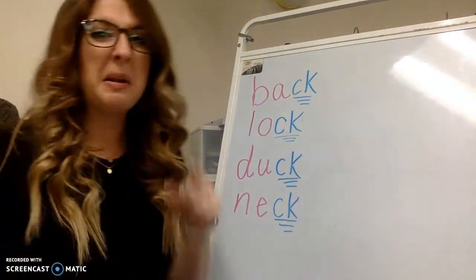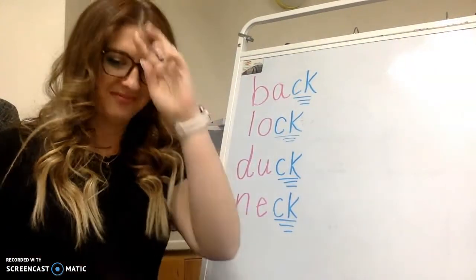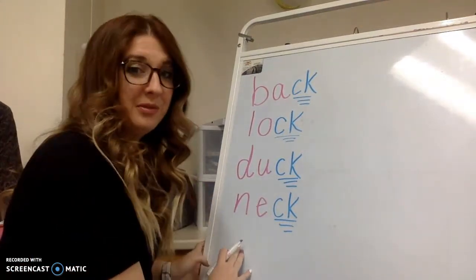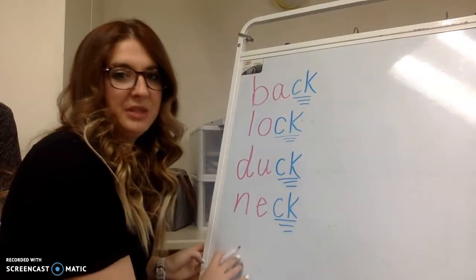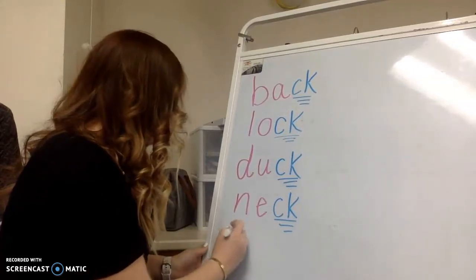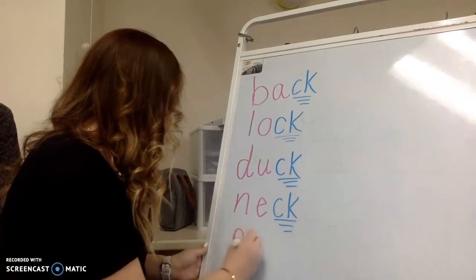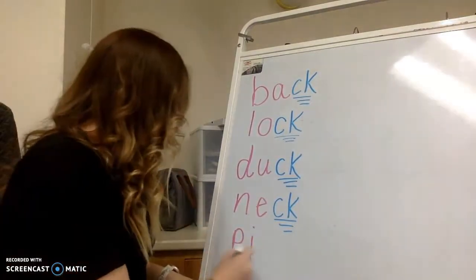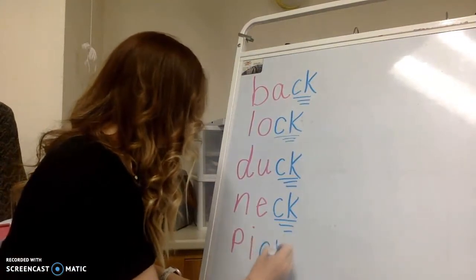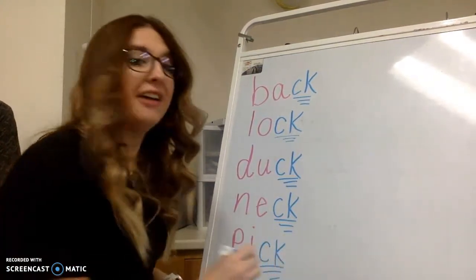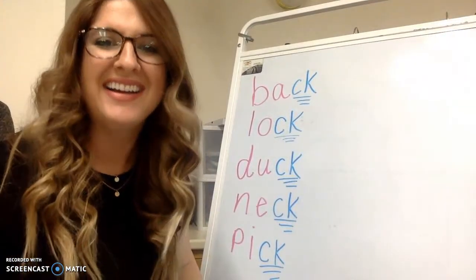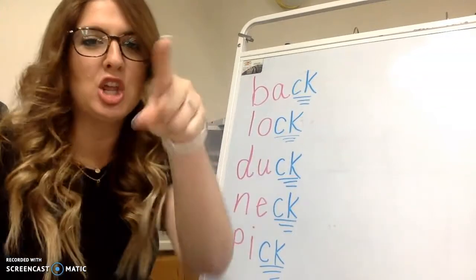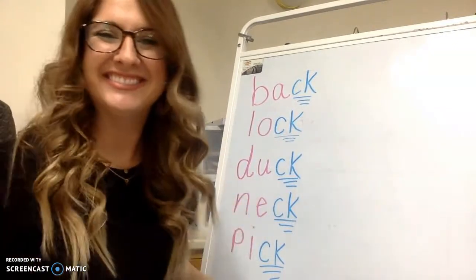Let's spell the word pick. Ready? We're going to come down here. This will be the last one we do in this row. There's our vowel I. K. And the digraph CK. Pick. I pick you to be my friend.